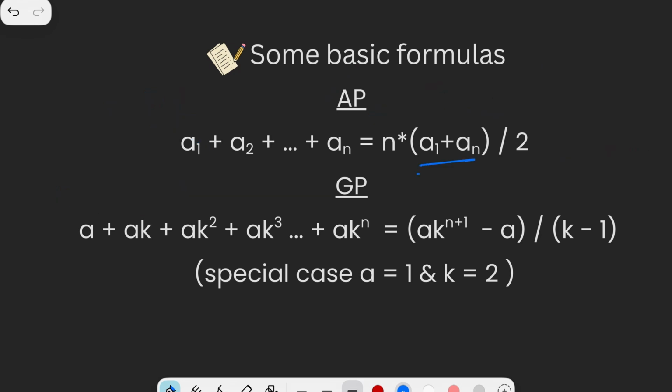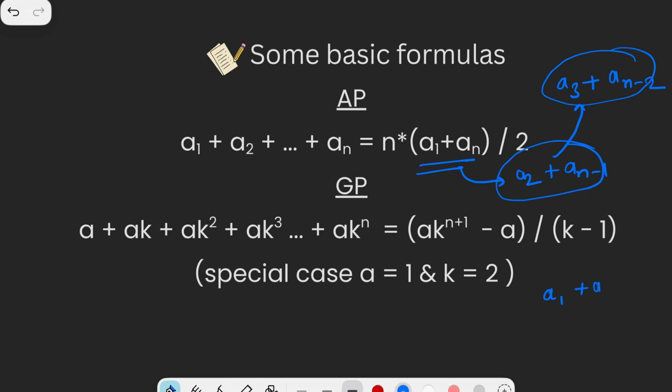So now you know the value of A1 plus An is exactly going to be A2 plus An minus 1. Similarly, you know that this value will be equal to A3 plus An minus 2, right? So you can club these values together and you will have A1 plus A of n. Total number of pairs are going to be n by 2, because in every single pair there are two numbers involved. So that's how we get this formula. I hope this is clear.